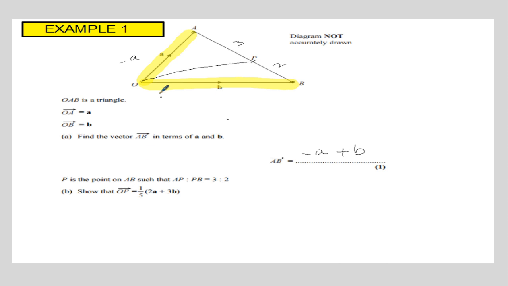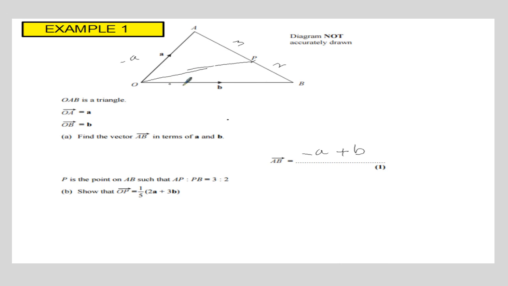So OP is going from here to here. Now we could either go along that route and back around if I get rid of the working for the last part of the question. So we can either go up there and down there or across here and up there. It doesn't matter which way we do this. So I'm going to just go this way.